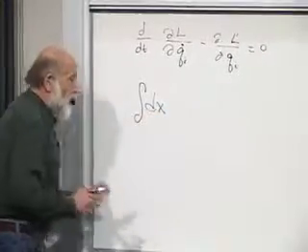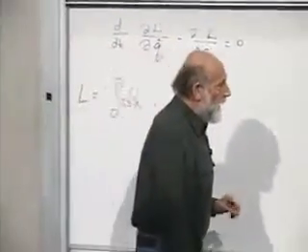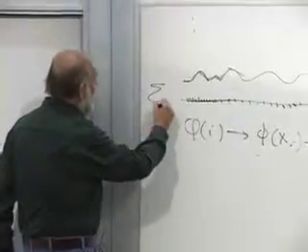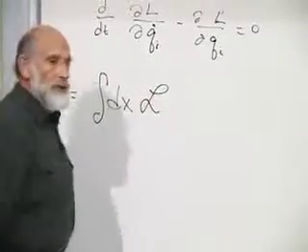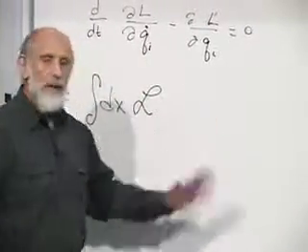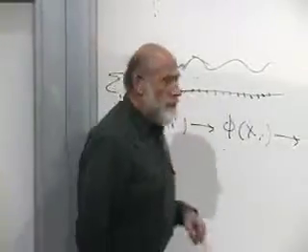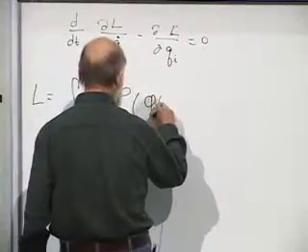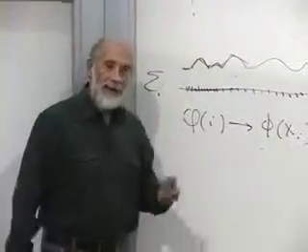Now, x does not stand for a particle position. The integral over x replaces the sum over i, integral dx of some Lagrange density. Lagrange density means you integrate it over space to find the Lagrangian. And what does the Lagrange density depend on? In general, the Lagrange density will depend on the values of the fields at each position. It will depend on phi of x. It may also depend on differences of phi at neighboring points.